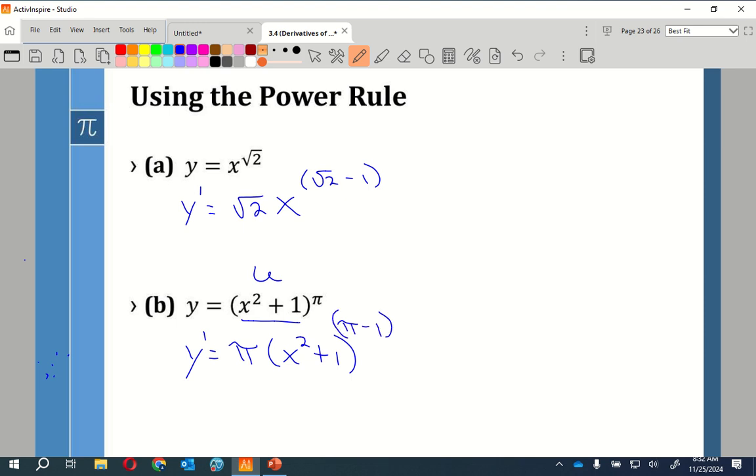Am I missing anything? Didn't I call that one a u? U prime, right? I'm missing the u prime. So the derivative of the inside is going to be 2x, right?